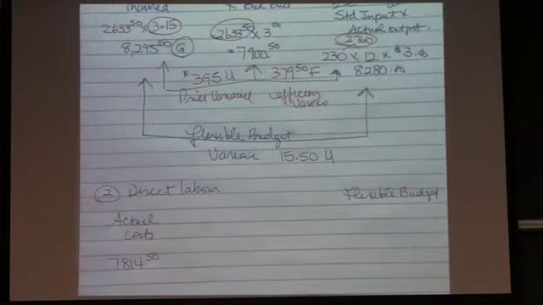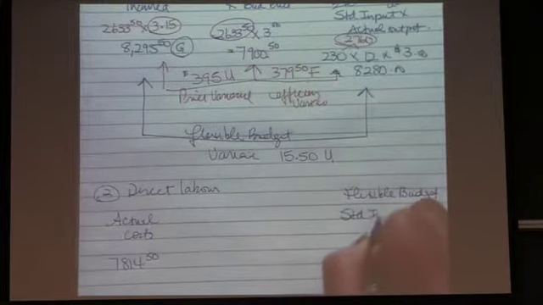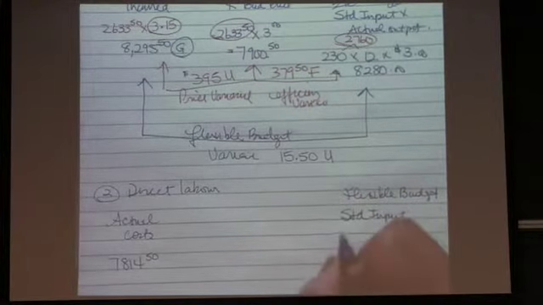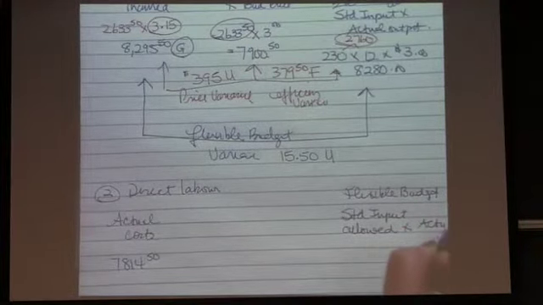And what was the flexible budget again? It is the budgeted input allowed for actual output. Right? So this is the standard or budgeted input allowed times actual output.